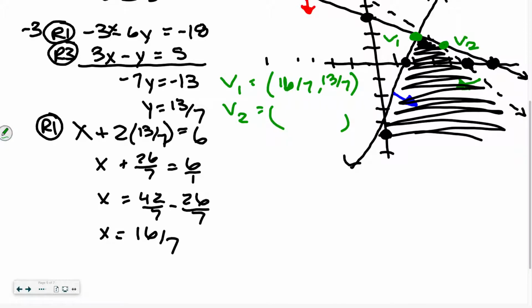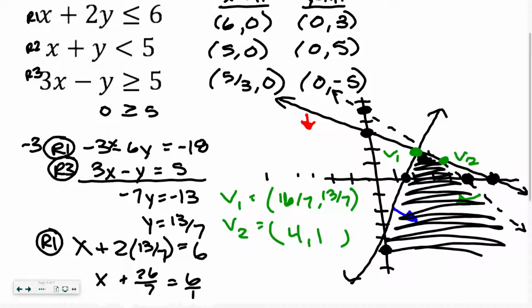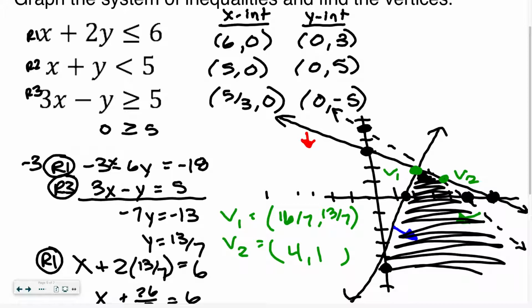What do you think the other vertex is? Anybody got a nice graph where it looks like maybe it's at a nice number? B sub 2? Mine looks like maybe 1, 2, 3, 4, 1. So I'm going to check for 1. That's the graph of the dotted line. Is 4 plus 1 equal to 5? Yeah.